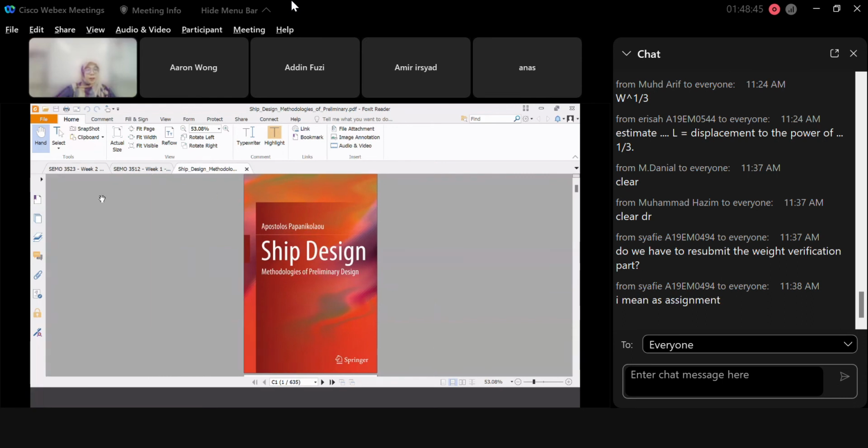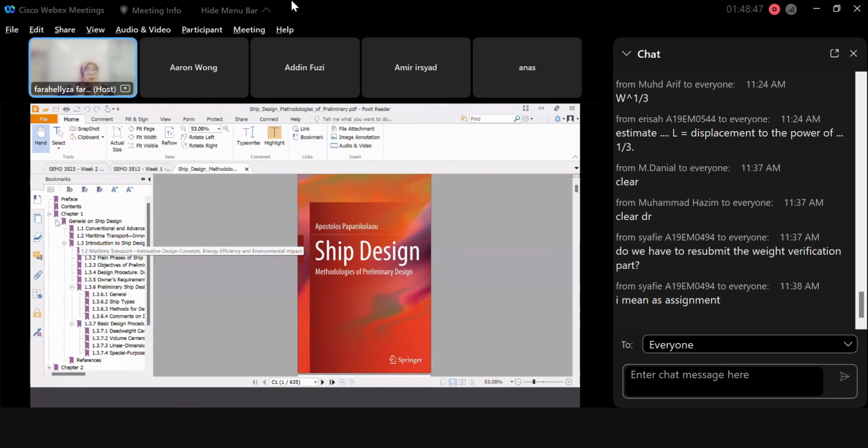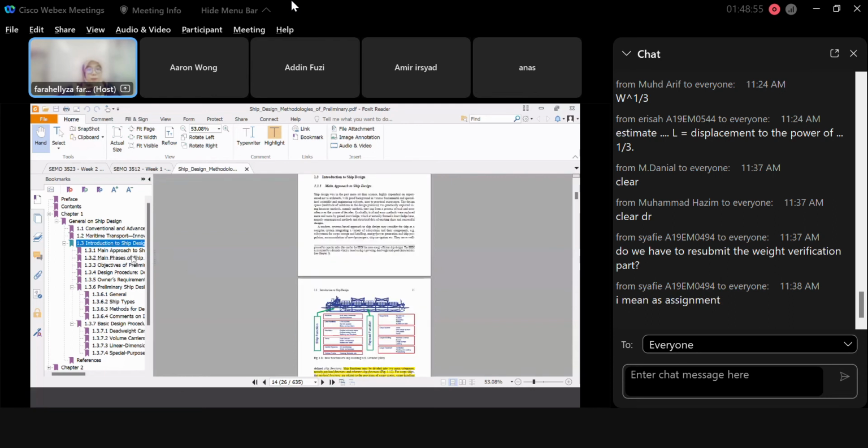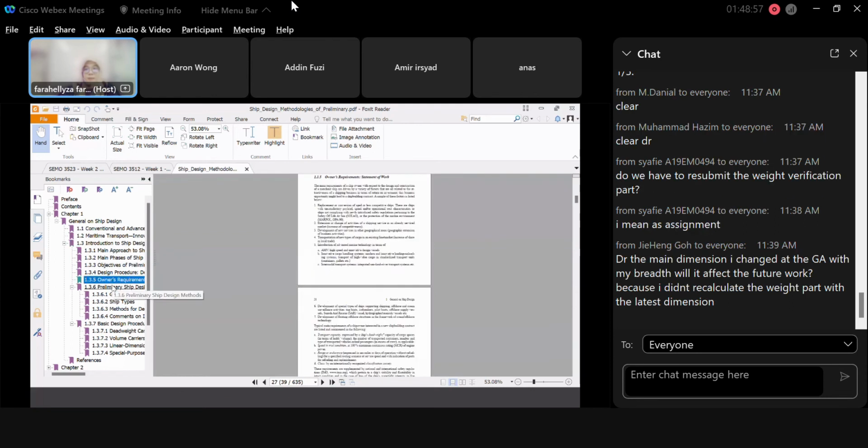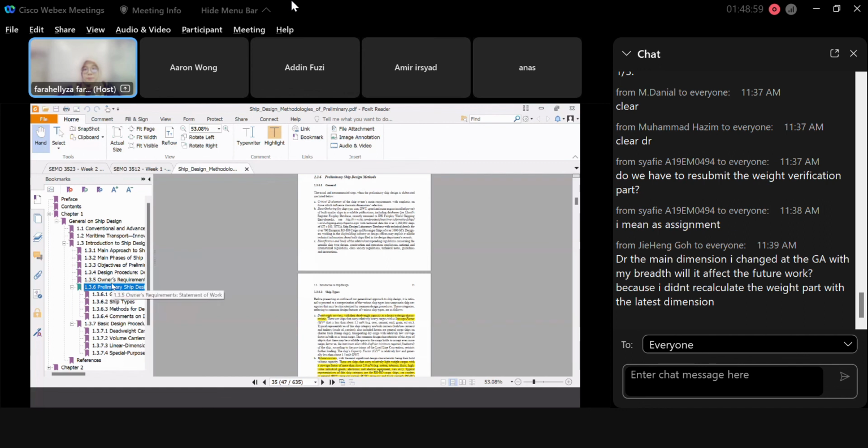Okay, this is the Papan book. I'm not sure whether you have it or not yet. Okay, but you can see this. I also cannot remember. Maybe here.